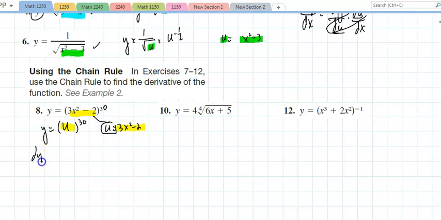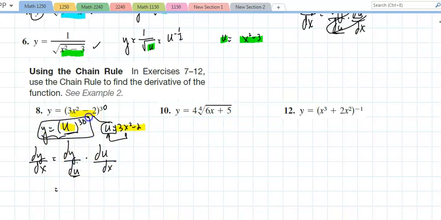Now if I take dy dx, always dy dx, that's going to be dy. What does y depend on? Y depends on u now, times, and automatically whatever this is, that's where the word chain will come from. And what does u depend on? X.